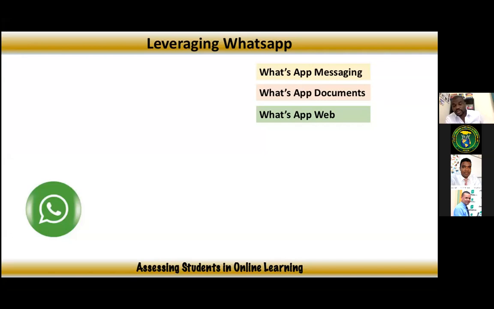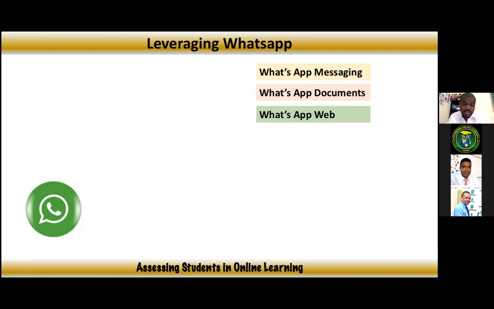WhatsApp Web is really a tool I'd say every teacher must always have open and ready, because everything you find on the internet you can copy into the normal WhatsApp, and students will receive it normally. It's a powerful tool if you're going to be effective and efficient on WhatsApp, so I'd recommend that anyone have WhatsApp Web.